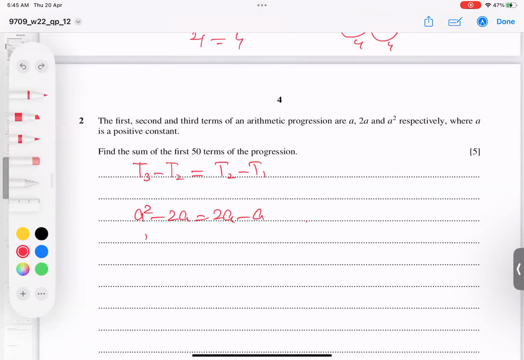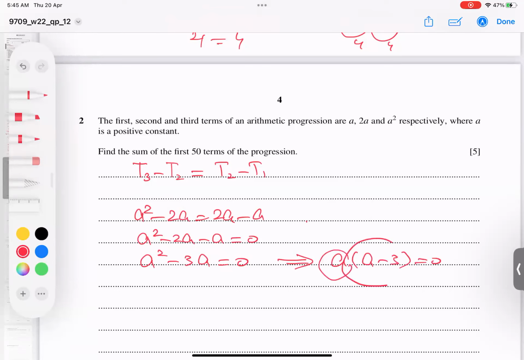Here I can't solve a squared. This is coming a, this negative 2a and this a comes here, becoming negative a. After this process, what I got is a squared minus 3a equals 0. What is common from both? a common out. I get a(a minus 3) equals 0.